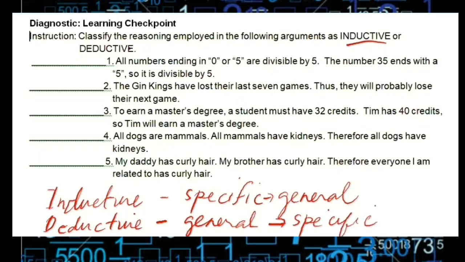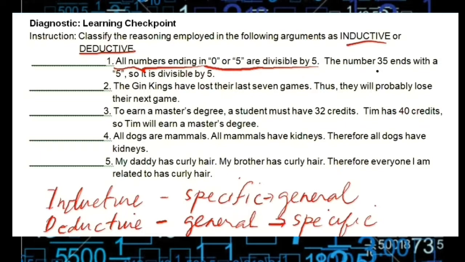So in number 1, the statement is, all numbers ending in 0 or 5 are divisible by 5. The number 35 ends with a 5, so it is divisible by 5. Our first statement, as you notice, is a standard rule. Nasabi daw dyan, lahat daw ng number na natatapos sa 0 or 5 madidivide sa 5.